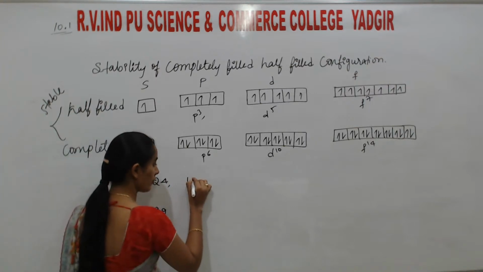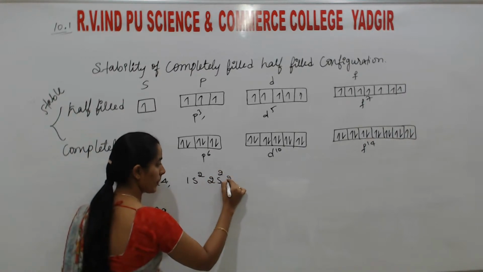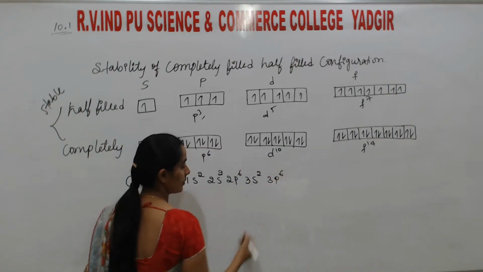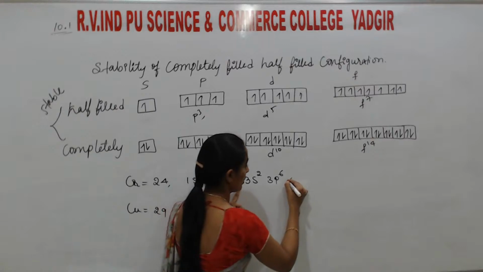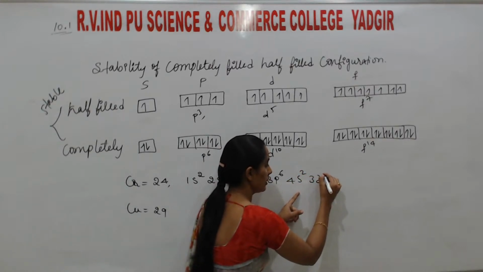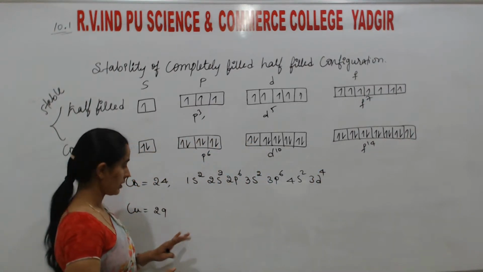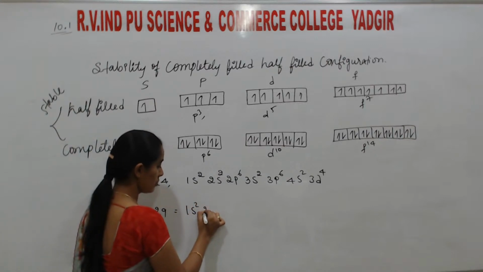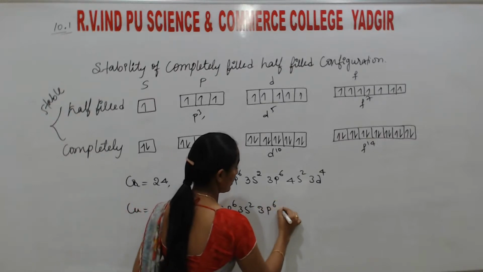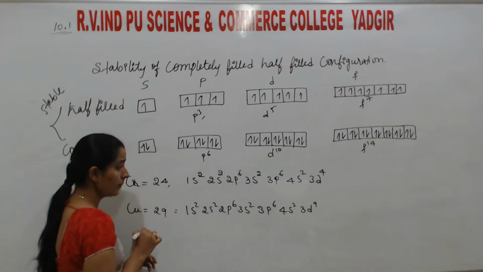If you write the electronic configuration: 1s2, 2s2, 2p6, 3s2, 3p6, 4s2, 3d4 for chromium, and 3d9 for copper.